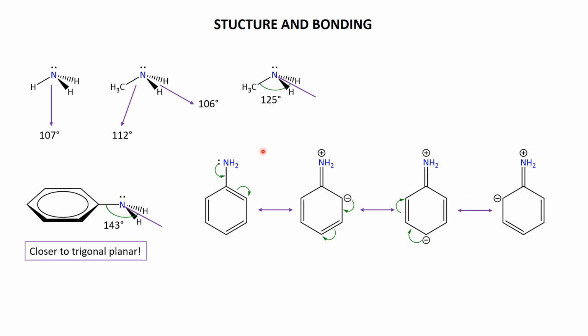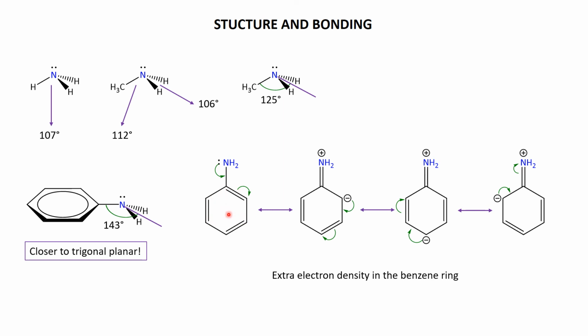The other huge thing, and this harks back to our aromatic discussion, is now we are putting extra electron density into the benzene ring from this lone pair on the nitrogen. That extra electron density into the benzene ring means the benzene ring is even more of a nucleophile.